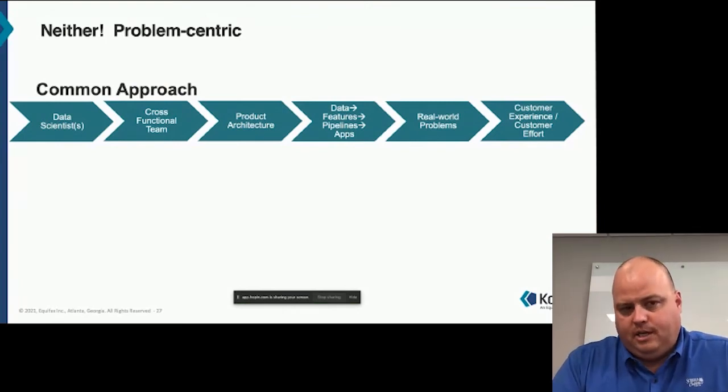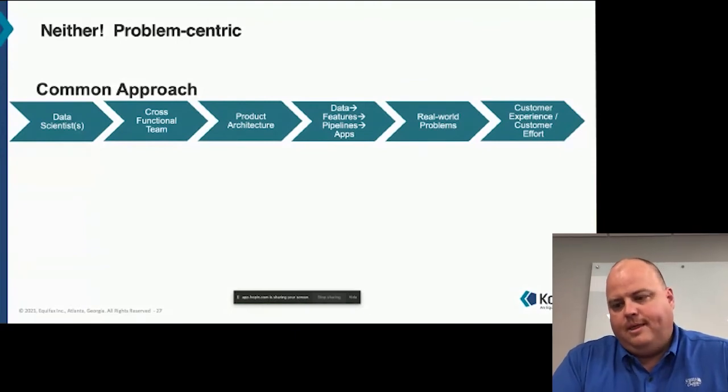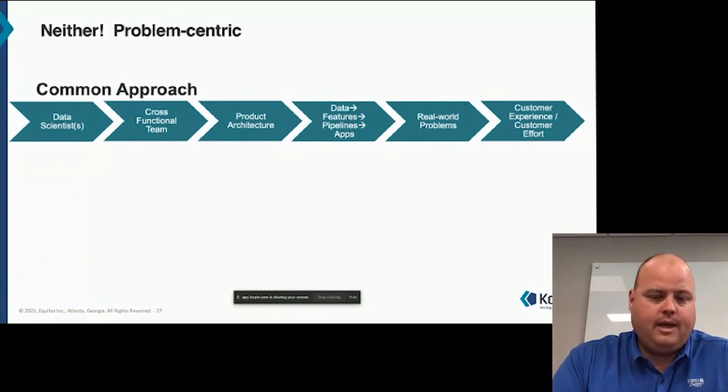That leads us to thinking data, features, pipelines, apps, building out all of these things. And then applying it to real world problems, and then thinking through what that application looks like in terms of customer experience and how you support the rollout of this to your customers. Again, we found success with this approach at Count.